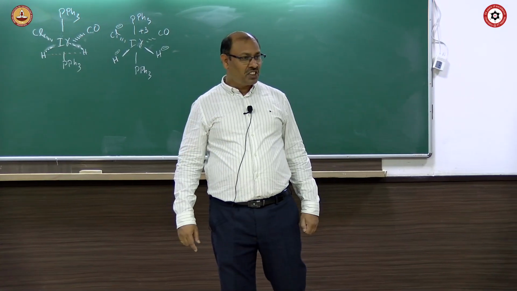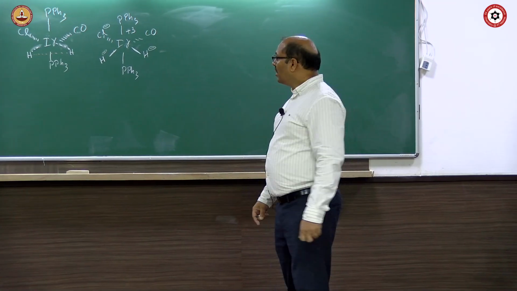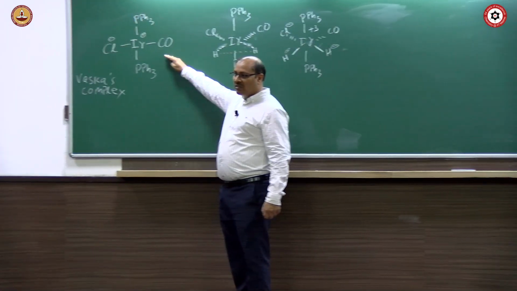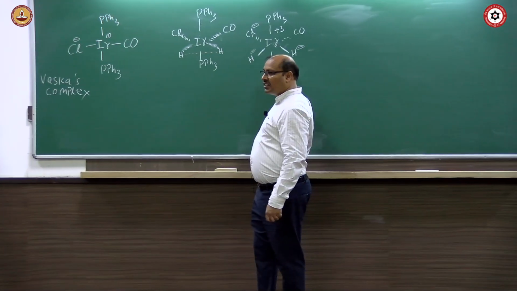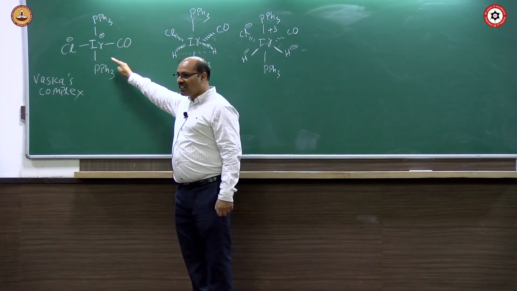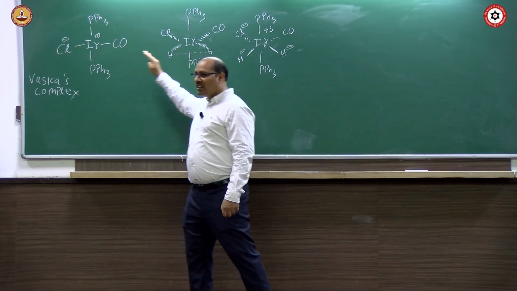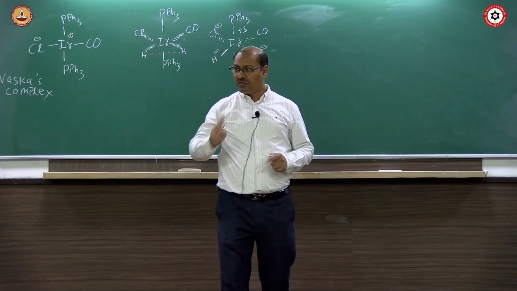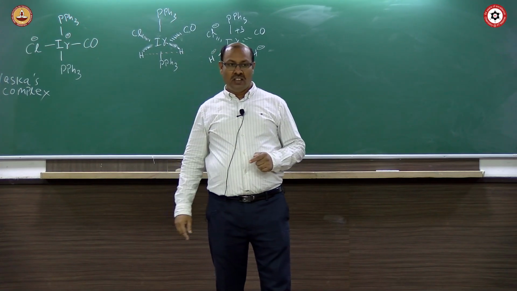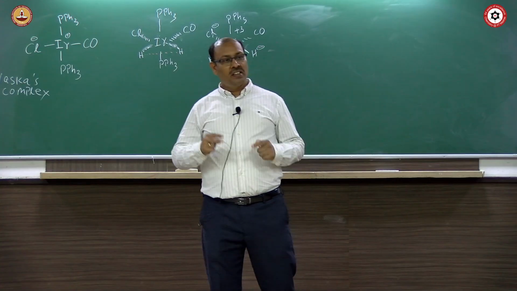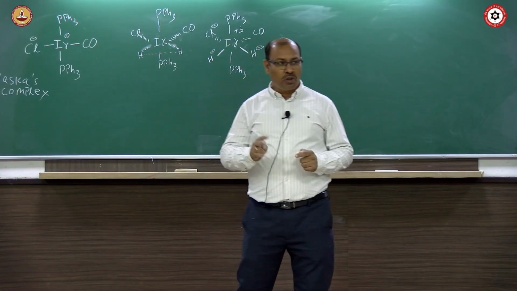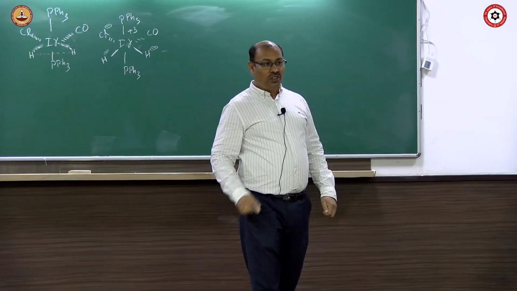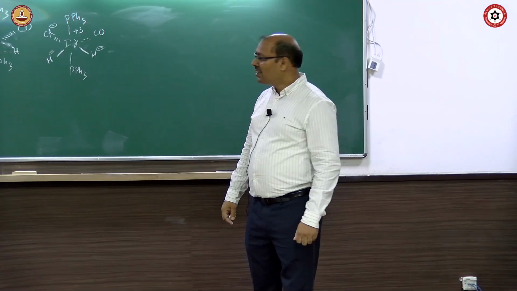Now you understand what is oxidative addition, with an example. The coordination number here is how many? 4, and here 6. Oxidation number here is plus 1, and here plus 3. So the oxidation number increases by 2, 1 becomes 3. The coordination number increases by 2, 4 becomes 6, and 2 ligands are added. So this is called an oxidative addition reaction.